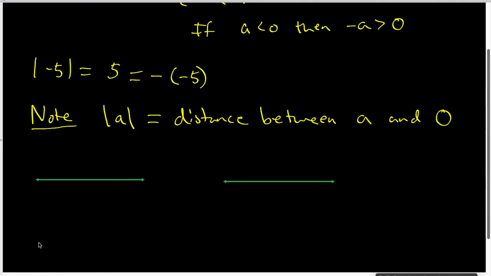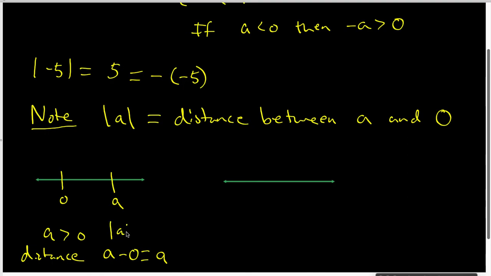So over here, if A is bigger than 0, we have 0 there, we have A here, and the distance is going to be the big number A minus the little number 0, which is going to be A, and because A is bigger than 0, the absolute value of A is also going to be equal to A. So the distance over here is the absolute value of A. Now, if I have A less than 0, and let me make my 0 a little bit clearer.